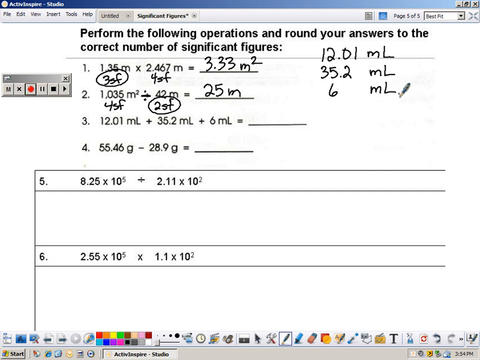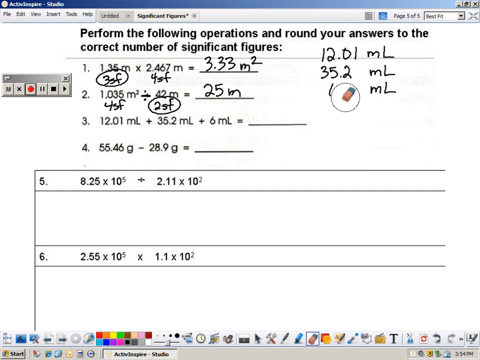So even though that 6 doesn't have a decimal, it's in the ones place. So you have to know where to place it when you add. You place it to the left of the decimal, like if there's an imaginary decimal there, it's to the left of that.